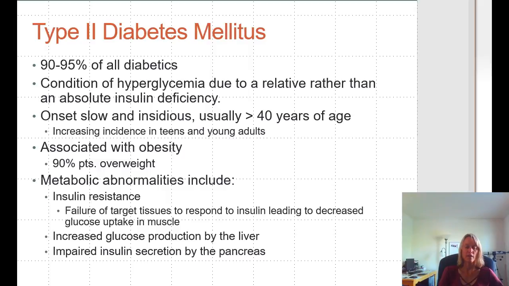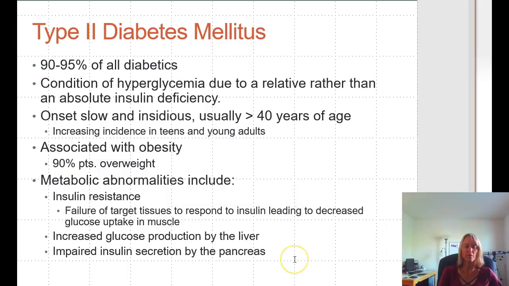Although we are seeing an increased incidence in teens and young adults, brought on probably by the obesity and sedentary lifestyle that we're seeing more of. Type 2 diabetes is associated with obesity, with about 90% of patients being overweight.